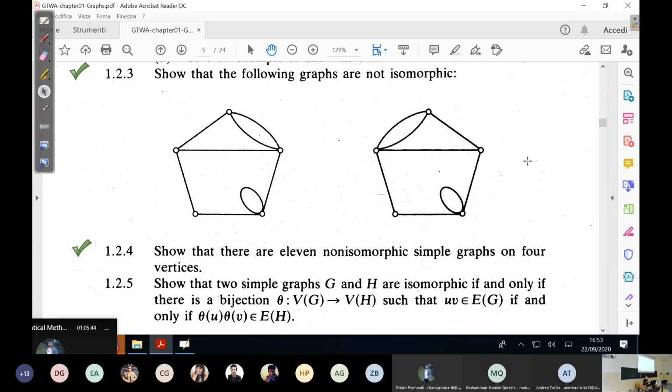If we want to preserve that condition, the ends of the edge on the left must go to the corresponding vertices on the right, okay?